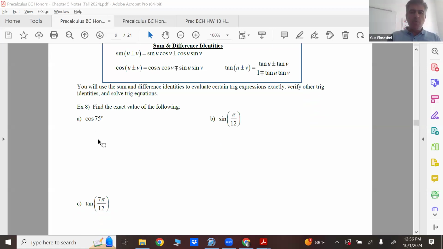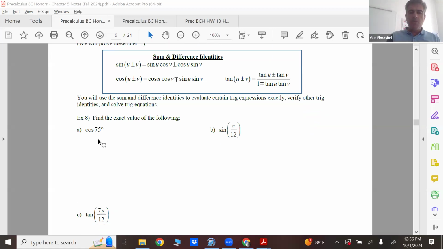So we're going to try one of these, and then we're going to verify our answer using a calculator, to see if it gets us the correct answer. So let's take a look at example 8. Now, when asked for the exact value, it means no decimals, okay?